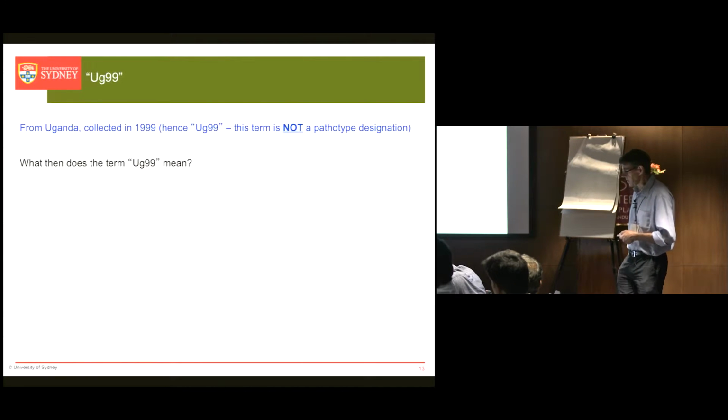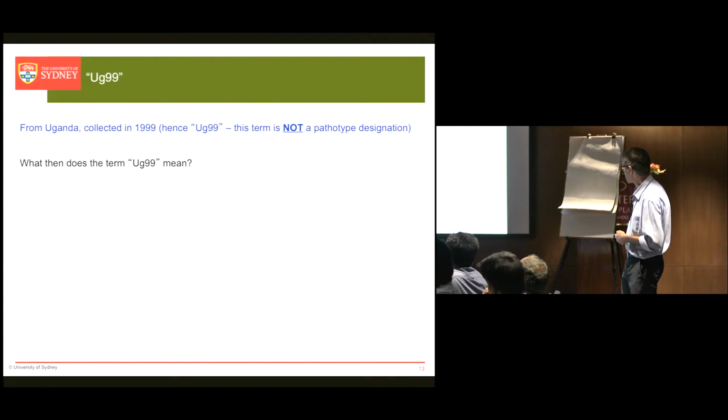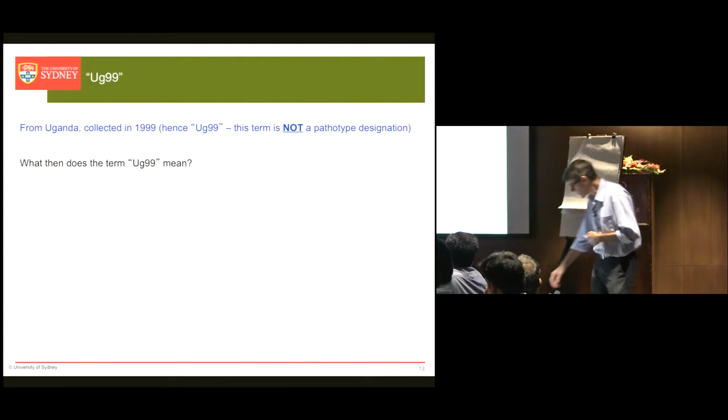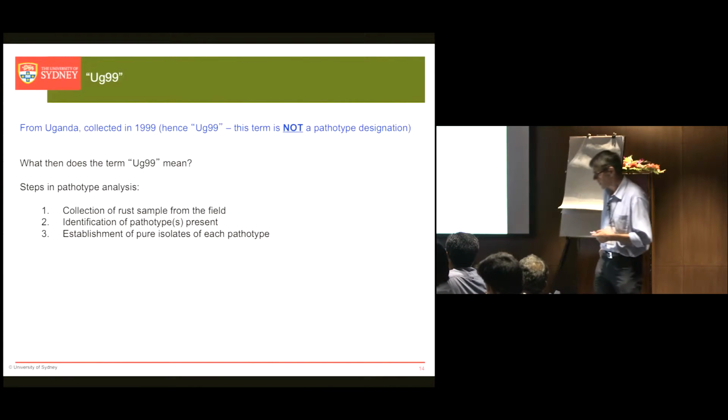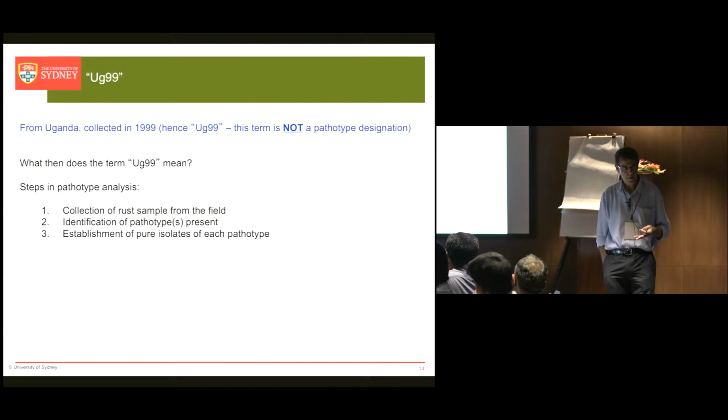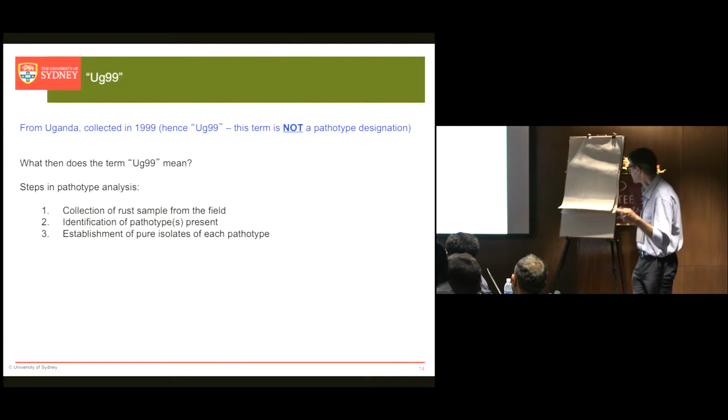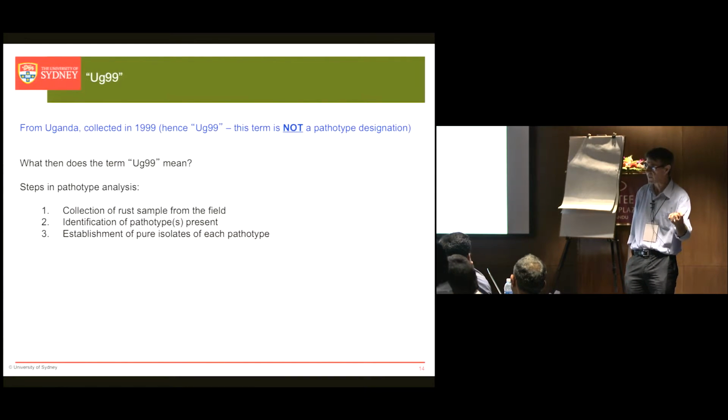Okay, so I've said the term ug99 is not a pathotype designation. What does it mean? Well, whenever we do pathotype analysis, basically we follow these three steps. The first thing is the collection of the rust sample from the field, and this is what William did. He went to the field, he collected a sample of rust.